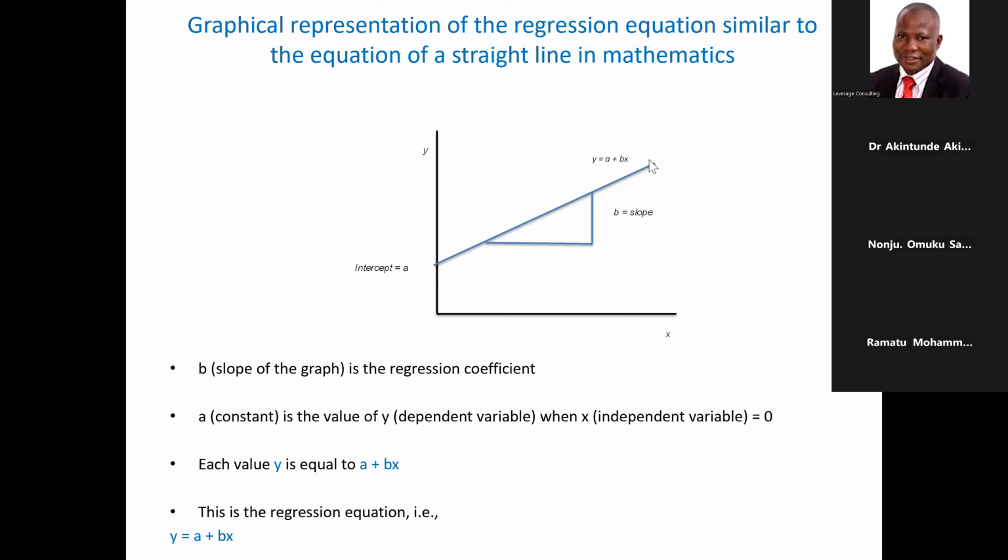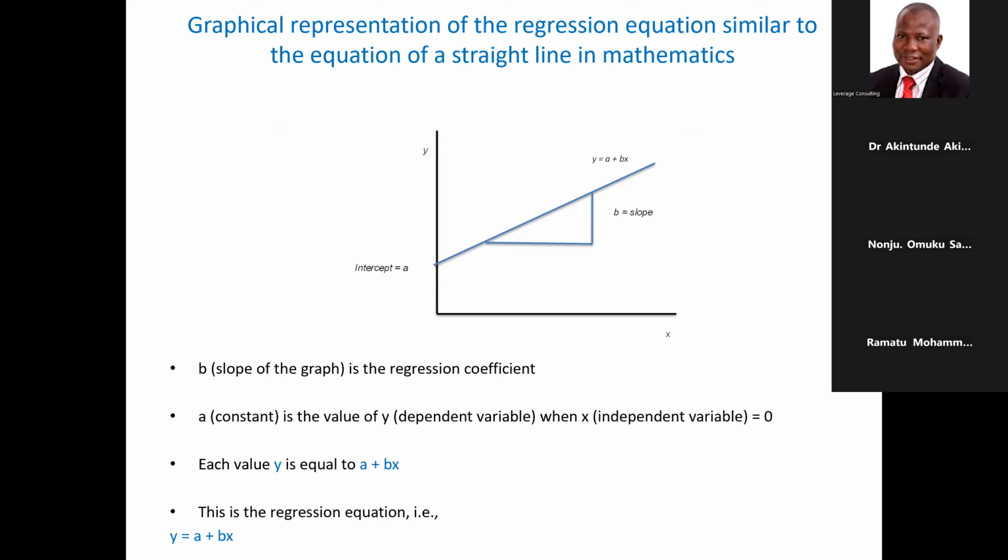If the value of y is equal to a plus bx, it's the same thing. That b in statistics is like the m in mathematics. Both of them are the slope of the straight line.